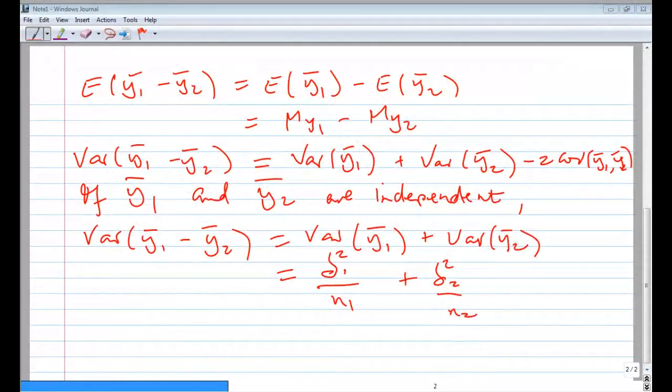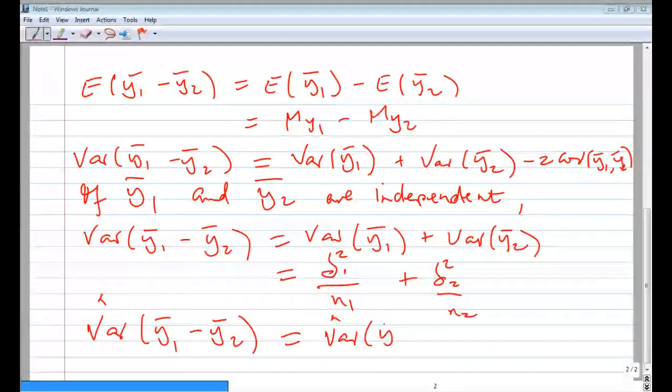Similarly, the estimated var of y bar 1 minus y bar 2 can be written as the estimated var of y bar 1 plus the estimated var of y bar 2.